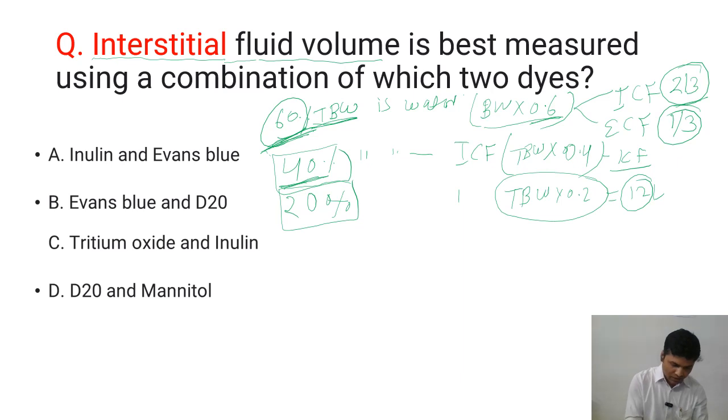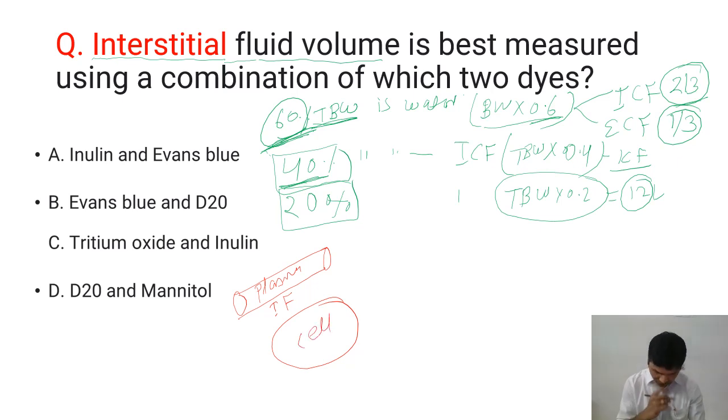As per this question, interstitial fluid. As we know, we have different components. Suppose this is the blood vessel, here plasma is there, then we have interstitial fluid, and then there is a cell.